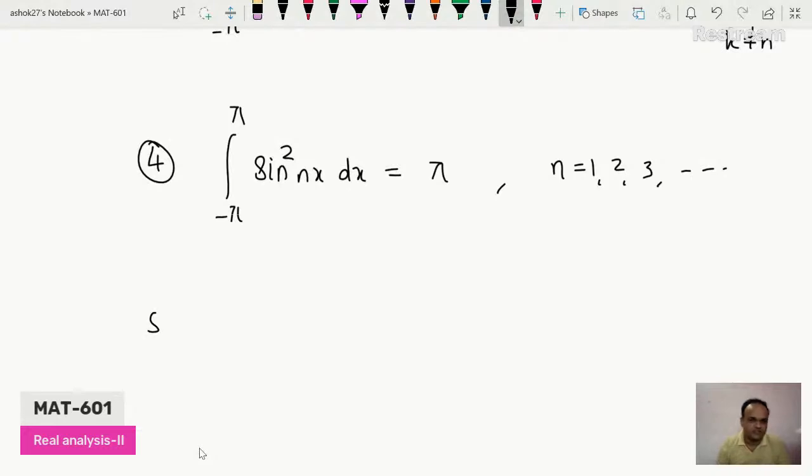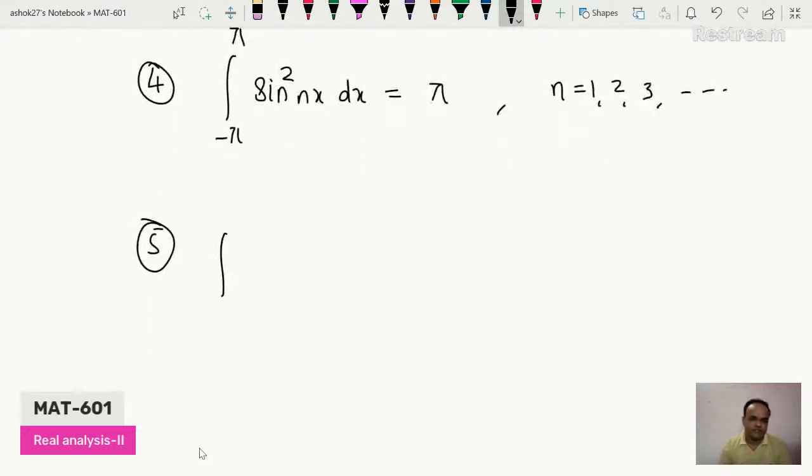So next, that is fifth. So what is integration of, see, integration from minus pi to pi of cos kx into sin nx dx. Value of this integration is 0 always. So whatever values of k and n.